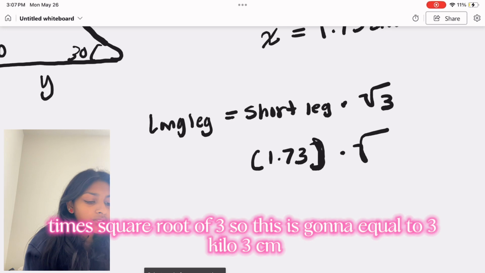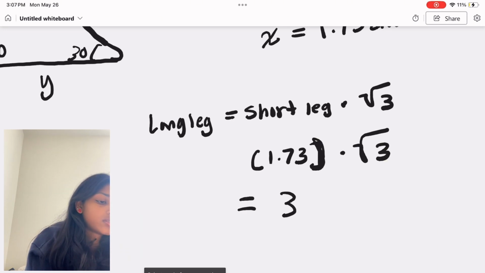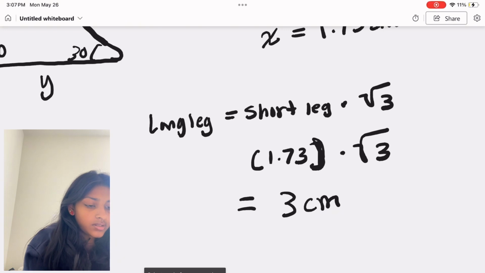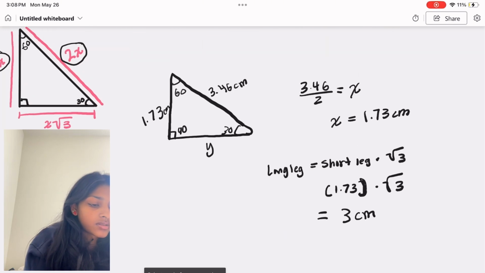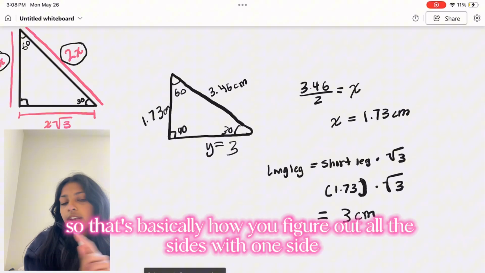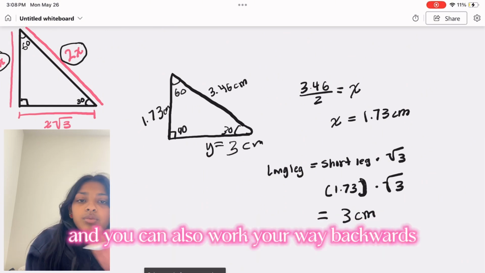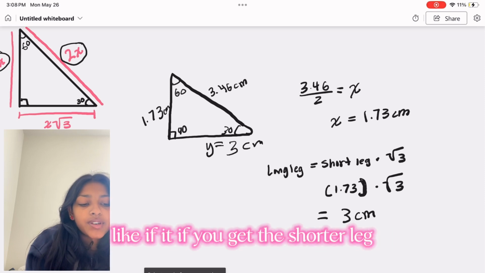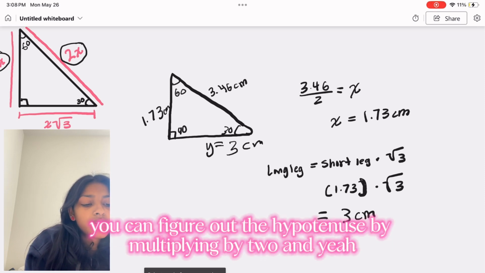So this is going to equal 3 centimeters. So that's basically how you figure out all the sides with one side. And you can also work your way backwards. Like if you get the shorter length, you can figure out the hypotenuse by multiplying by 2.